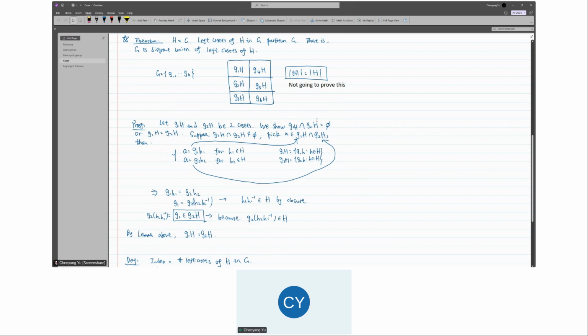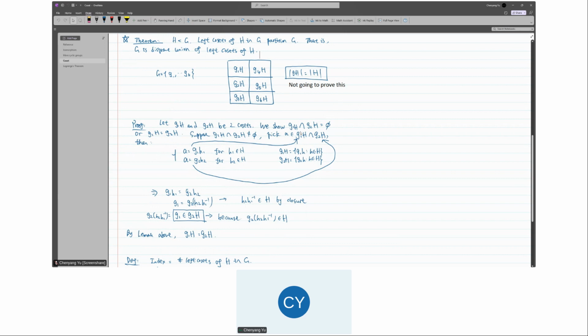For the sake of contradiction, we want to prove the intersection is the empty set, but it is pretty hard to do that because we don't have a condition to start with. So for the sake of contradiction, we say the intersection is not empty. So we can pick any random element A from the intersection, then we can kickstart the proof.